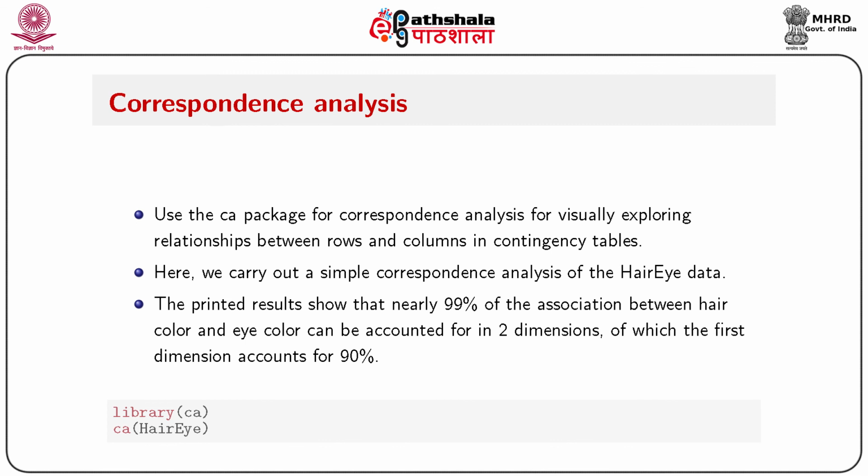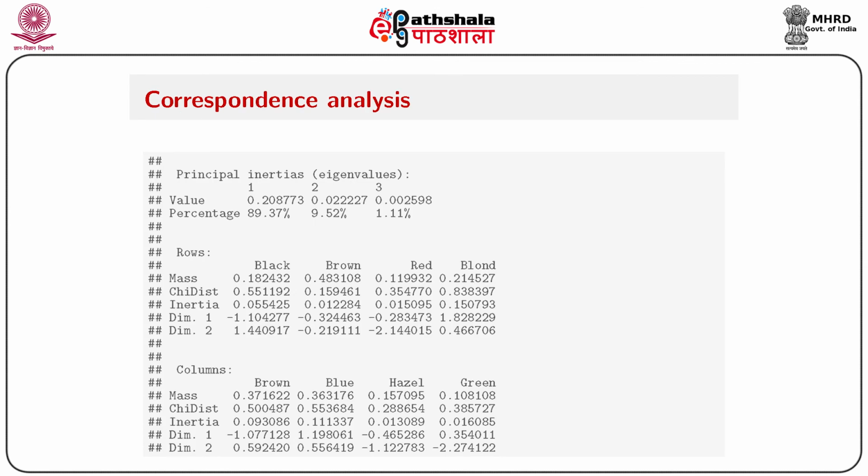If you see the results, you can just call ca and pass the table here, and you will get the results, the eigenvalues and the corresponding mass, chi-square distance, inertia, dimension 1 and dimension 2, and this way you will get all the information.